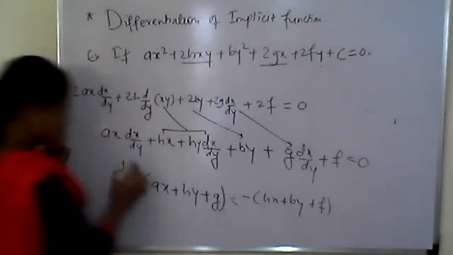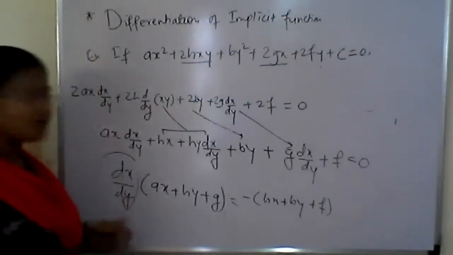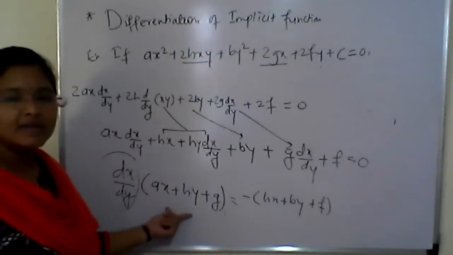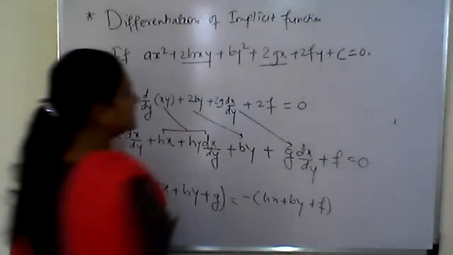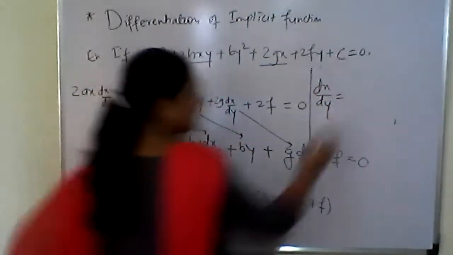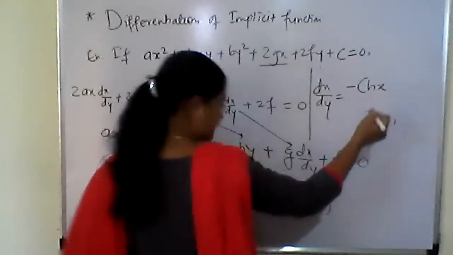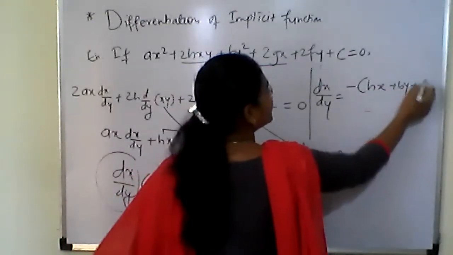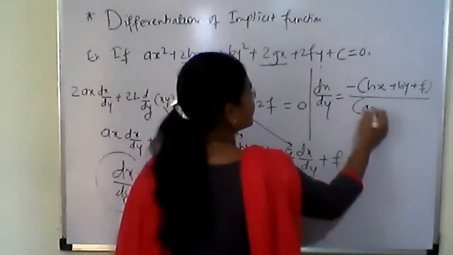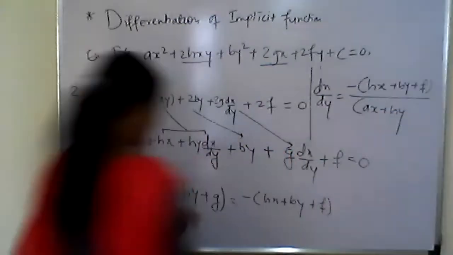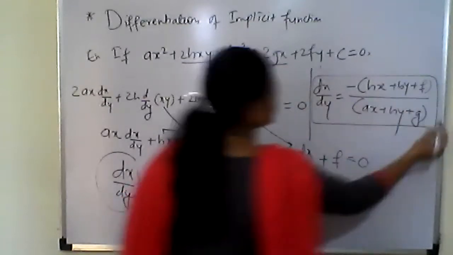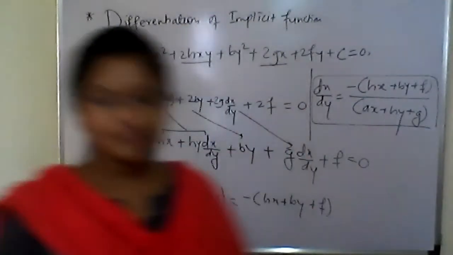Now here dx by dy will be the negative of this bracket upon this ax plus hy plus g. So dx by dy is minus of hx plus by plus f, whole thing divided by ax plus hy plus g. Okay? Any doubt in this? Any doubt?